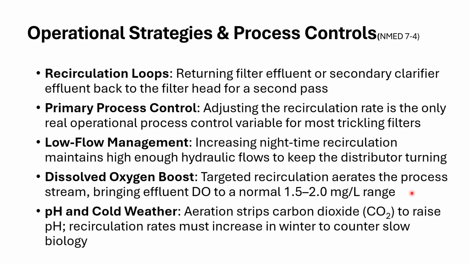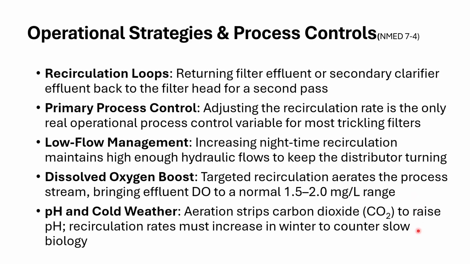We can take a grab sample, take a look with our DO meter and say, okay, well, it's at 1.0 milligrams per liter. So we would slightly increase the recirc rate until we get up to 1.5 to 2.0. Okay, so that's another way that we can adjust to make sure we stay within this dissolved oxygen range.